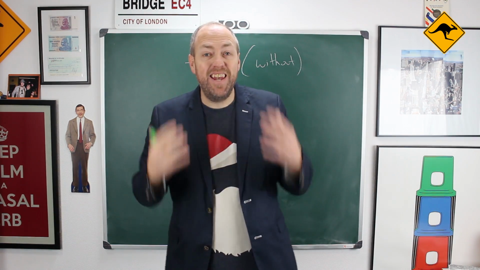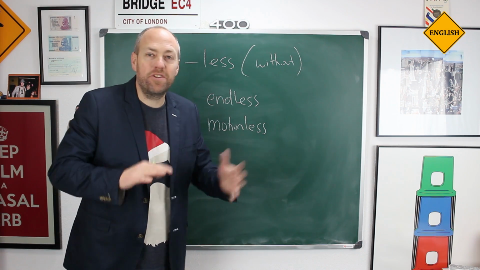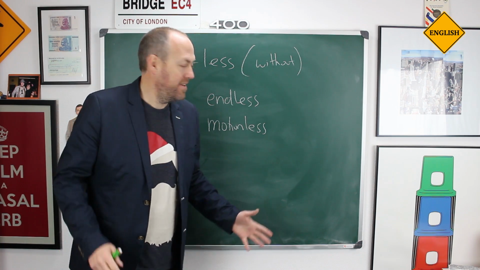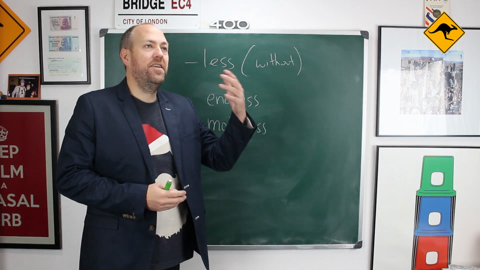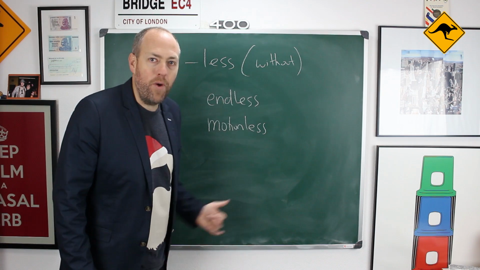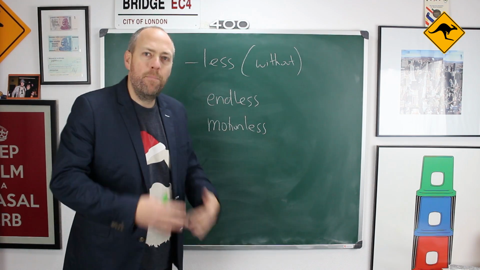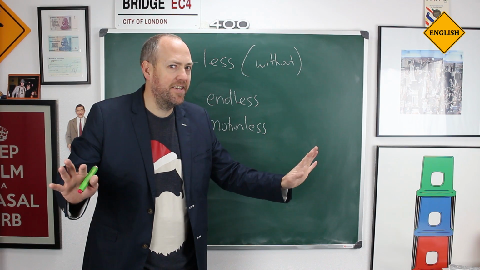The next one is less. Without. Does not contain, does not have. For example, endless. His story was endless, without an end, with no end. Or motionless. No motion, completely still.